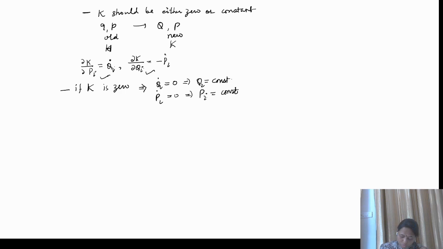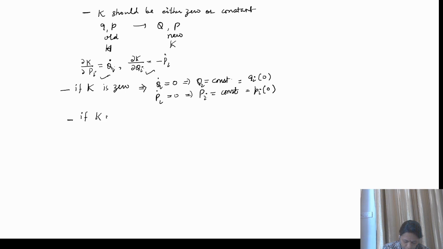So we may choose the constants to be in terms of the initial values of the old coordinates. Likewise, I may choose these to be in terms of the initial coordinates. The same purpose may be fulfilled if I take K to be constant.